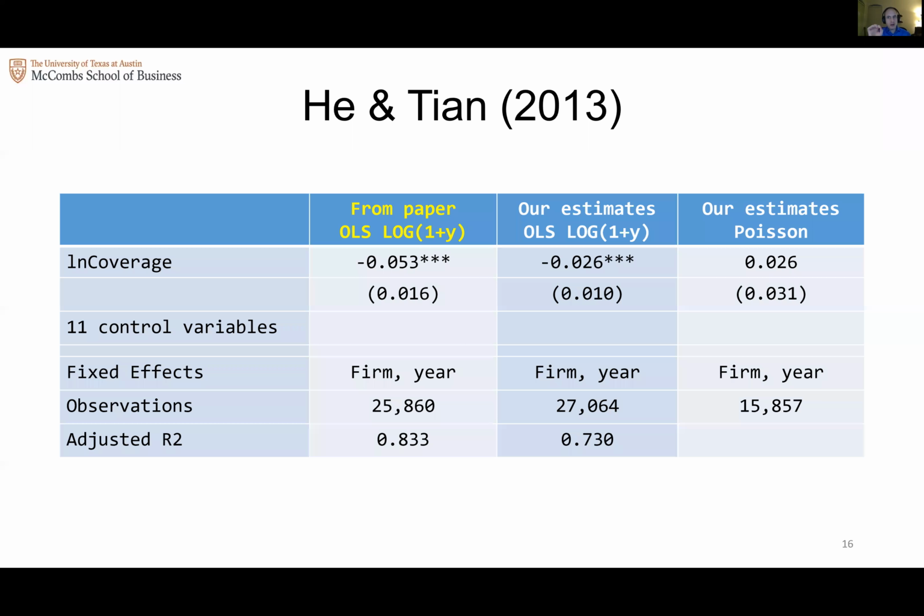It doesn't mean we're kicking out all the zeros, because as long as the firm had patents in some years, its zeros in other years are still included in the regression. When we do that, we get estimates that are fairly similar. They don't change that much. So it doesn't seem that kicking out the firms that literally never patent is what's driving this discrepancy.